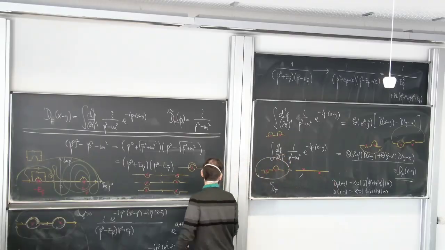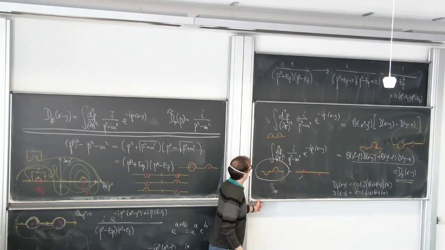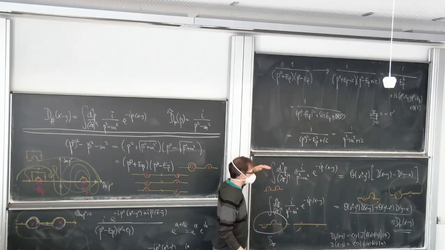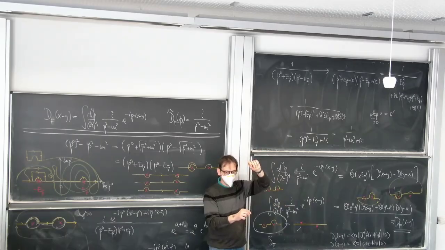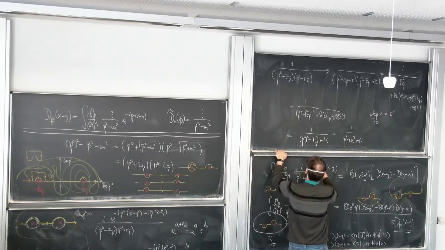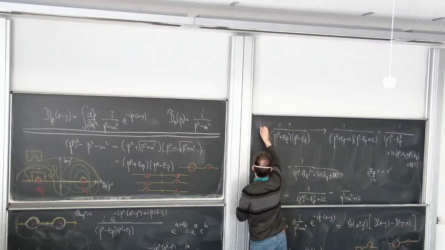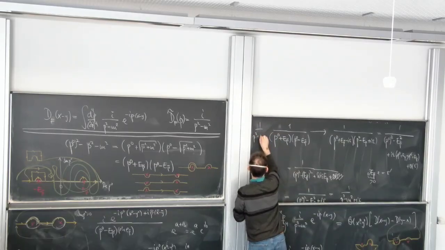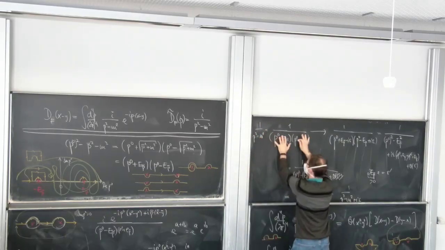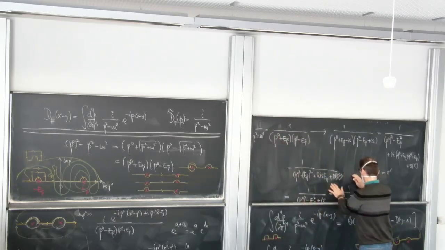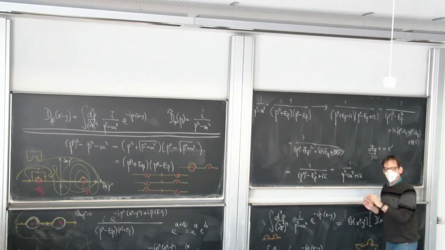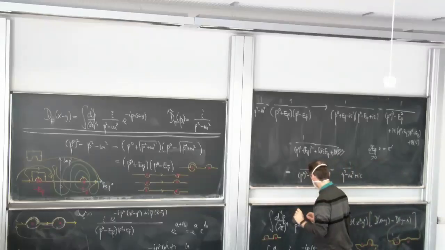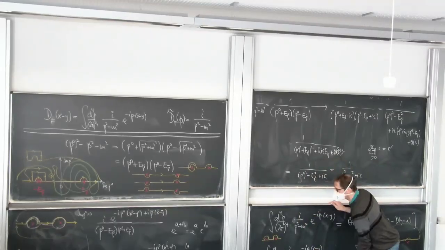Now we got tired of drawing these contours and figured out an alternative way. Instead of going below, above, we shift the poles a little bit. P squared minus m squared is this. If we use p squared minus m squared plus i epsilon, that also has poles, but they are shifted like this, a bit above, a bit below.